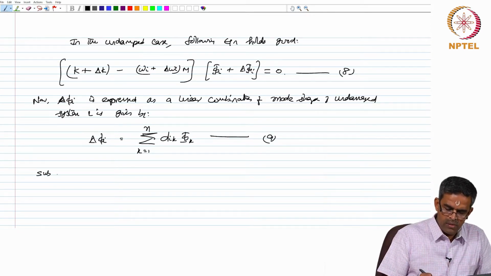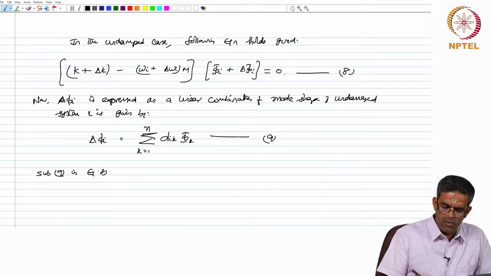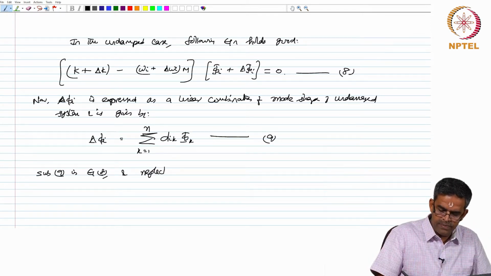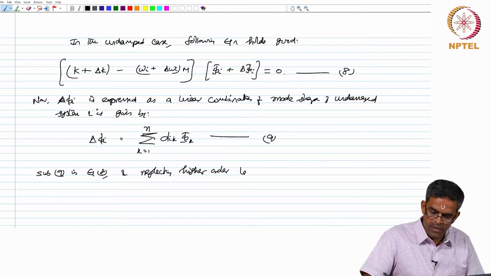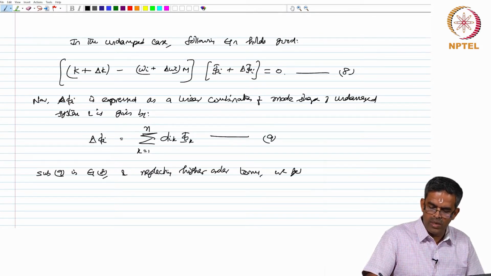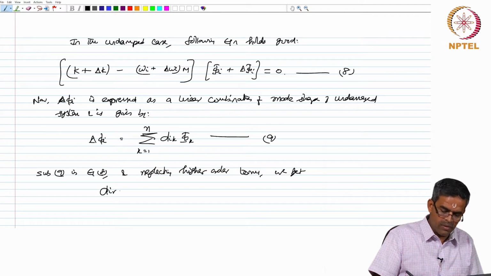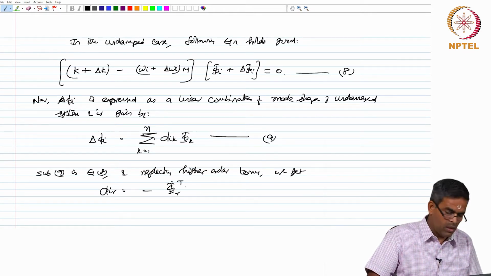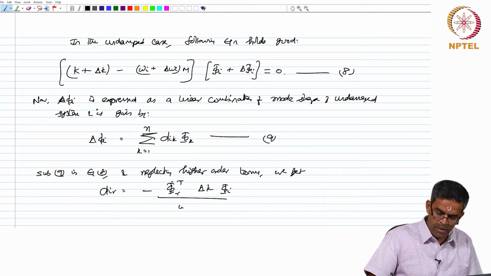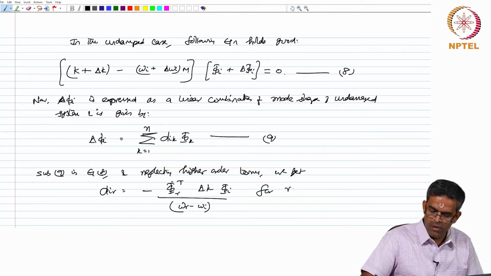Now substituting equation 9 in equation 8 and neglecting higher order terms, we get delta phi I is minus phi r transpose delta K phi I by omega r minus omega I, for r not equal to I.